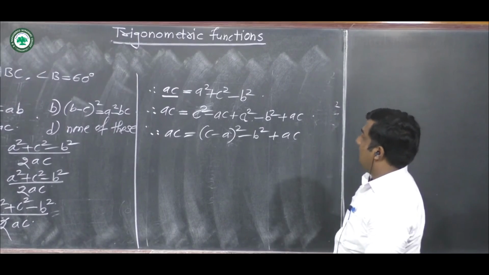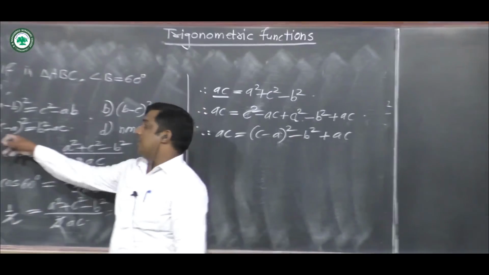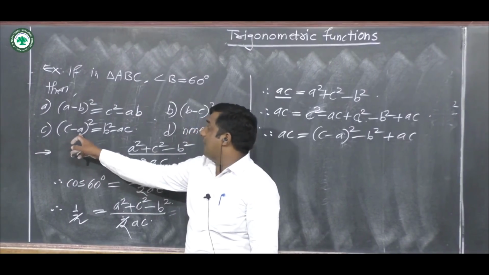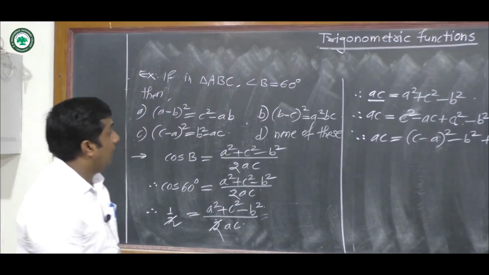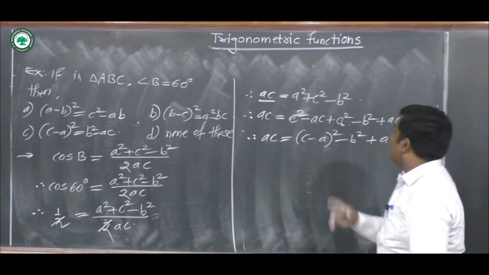Now in the RHS, in option C, (c minus a) square equals b square minus ac is given.